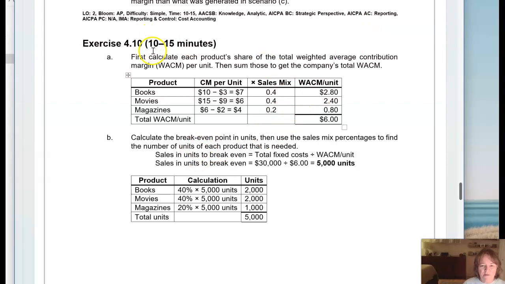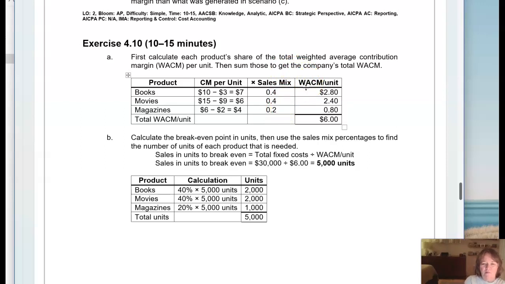In the first place, you want to have a nice schedule that you prepare for yourself that looks just like this. You've got the product here, then you're going to figure out your contribution margin per unit, put your weighting here, there's your sales mix, 40%, 40%, and 20%. We can calculate the weighted average contribution margin per unit.